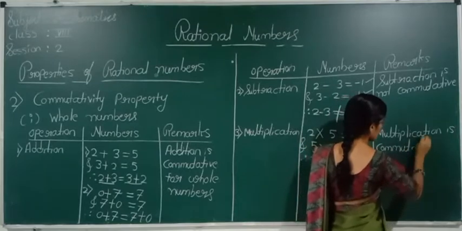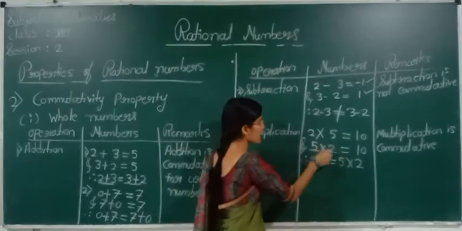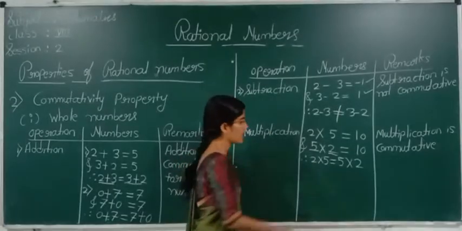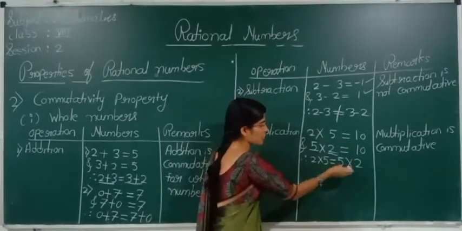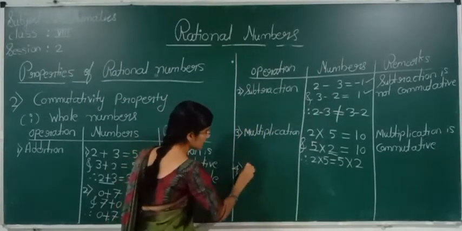In general, if a and b are two whole numbers, then a multiplied by b is equal to b multiplied by a. Now we will check for division.